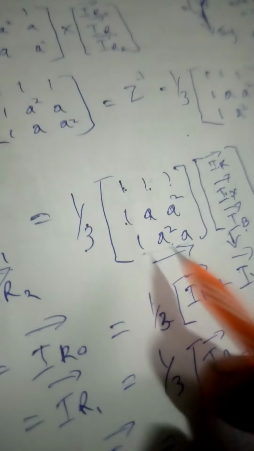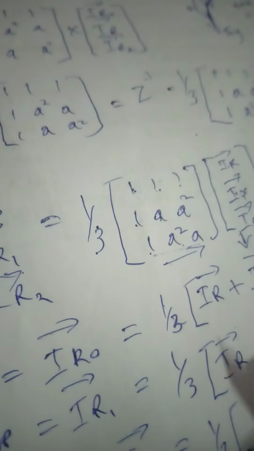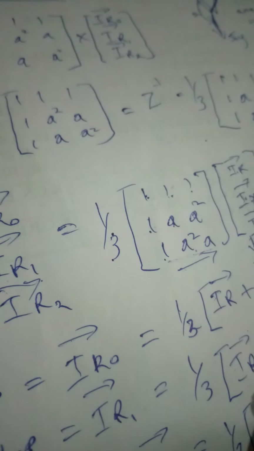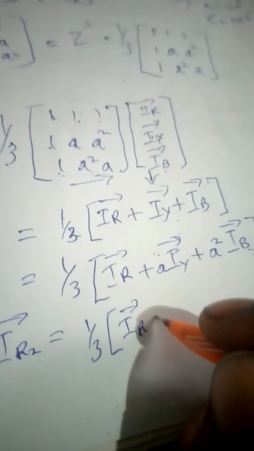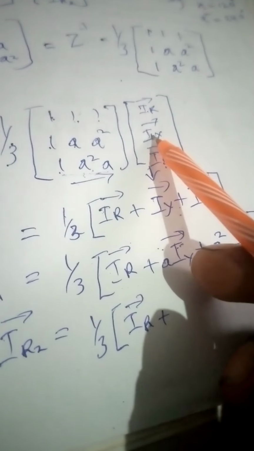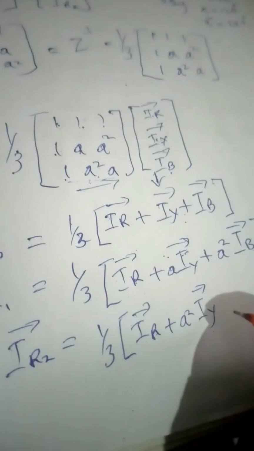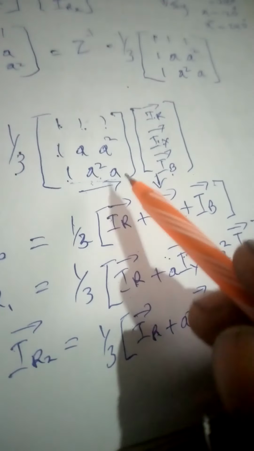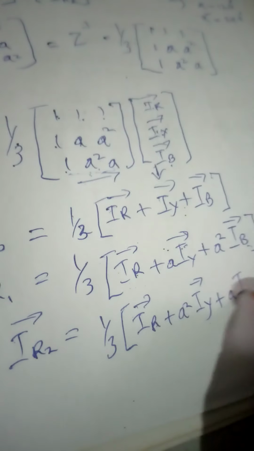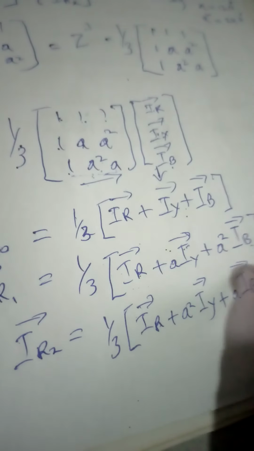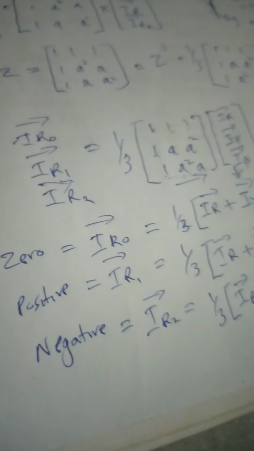Let's start this multiply by that will be a third bracket 1 multiplied by IR will be IR, plus A squared multiplied by I yellow will be A squared I yellow, plus A multiplied by I blue will be A I blue, and this one is given by that.